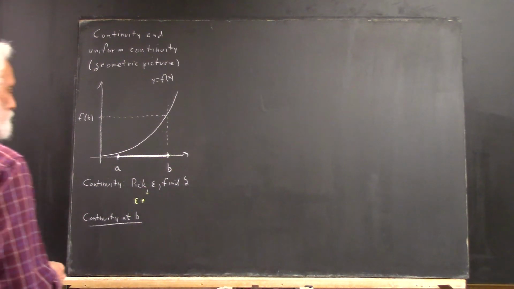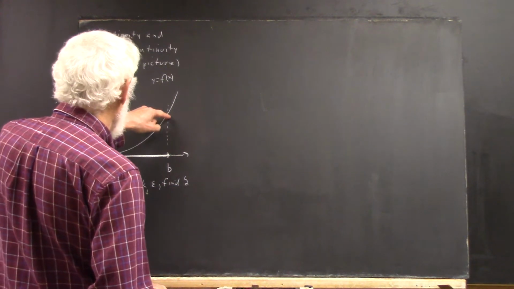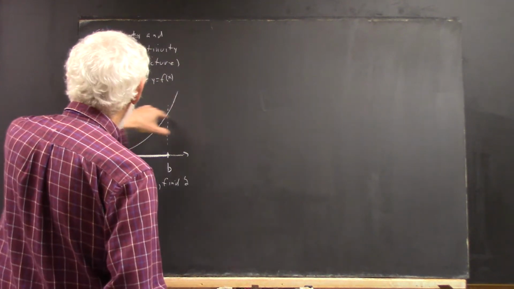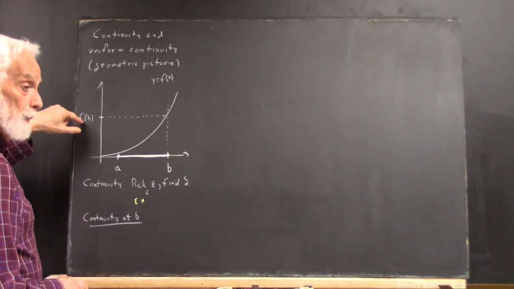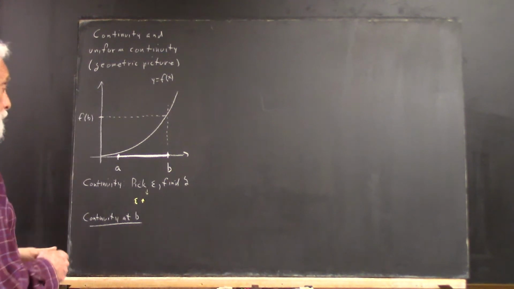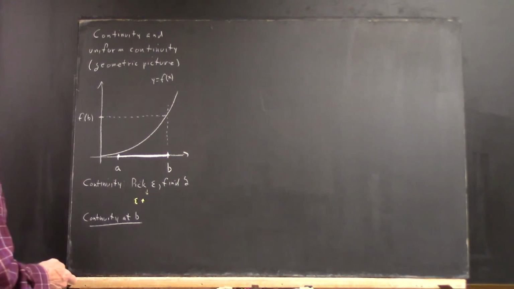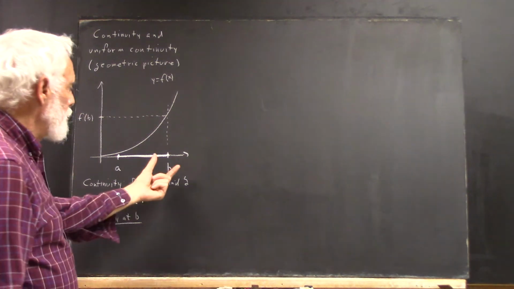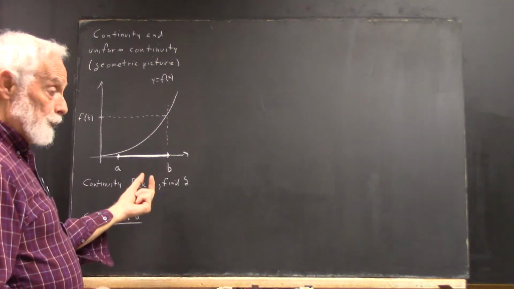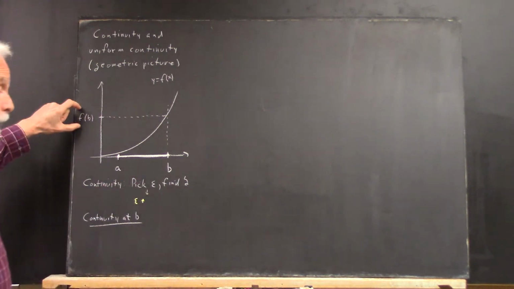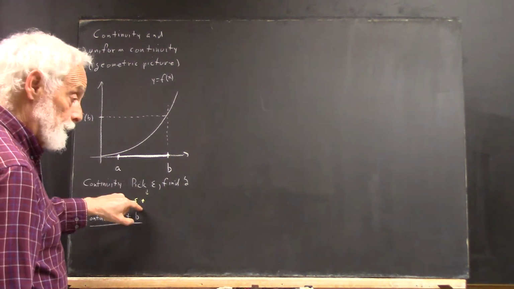Okay, well, here's the vertical line where x equals b. Here is f of b, the value of the function at b. And by continuity, by restricting the values of x to be close to b, we want to restrict the values of f of b within epsilon.